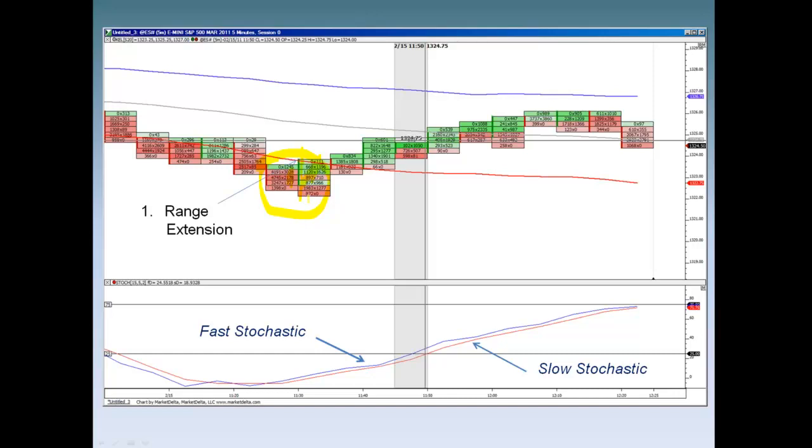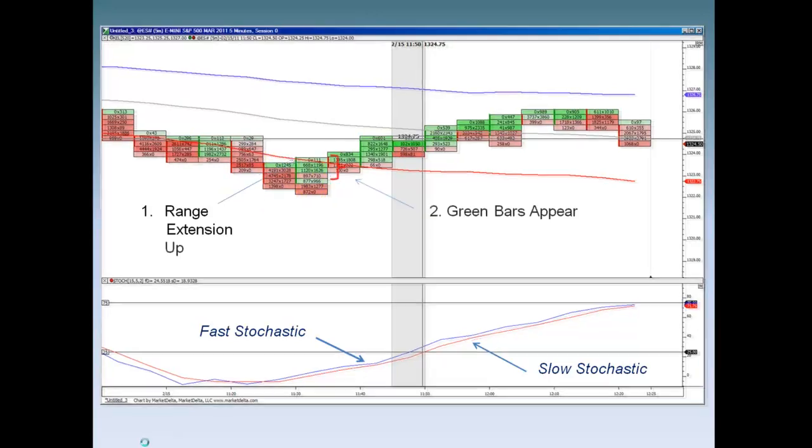Now, let's take a look at some of our other technical indicators, and more specifically, we're going to focus on the stochastic and see how it helps us. All right, we talked about the green bars, and we talked about the range extension. The first technical indicator that we already know about is the Keltner.